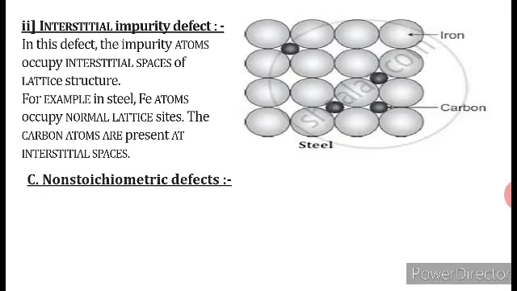See, from the name itself it is clear: the defects in which the ratio of the number of constituent atoms is changed, is not the same as represented or shown in its chemical formula.